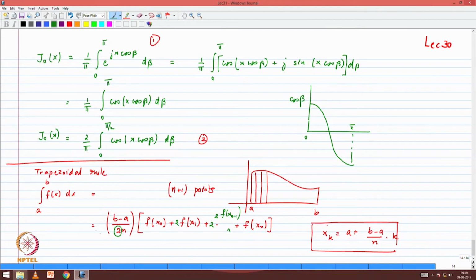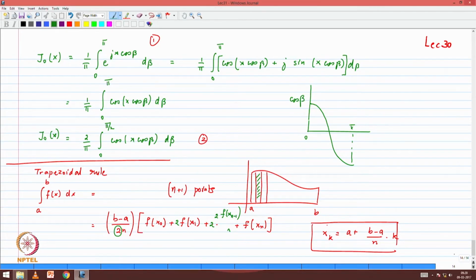So the b minus a by n is the width of those trapezoids. Basically, the trapezoidal rule says you have to add the areas of those trapezoids. You may give slightly different weightages for the first and last trapezoids, depending on how you interpret the trapezoidal rule and how many sampling points you get. But basically this is a form of the trapezoidal rule.